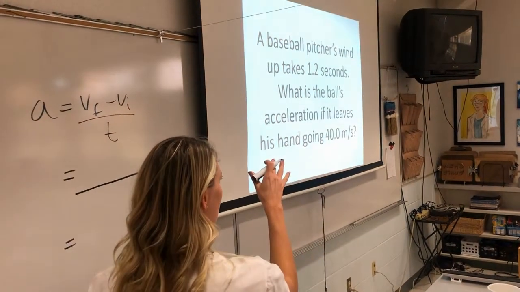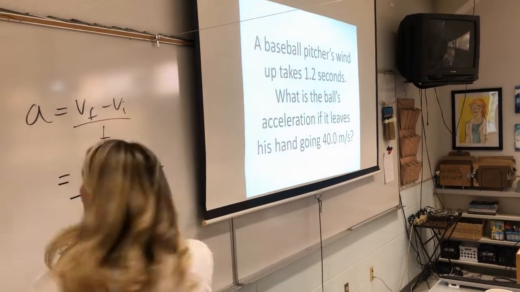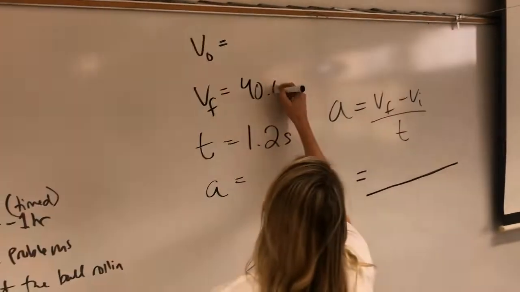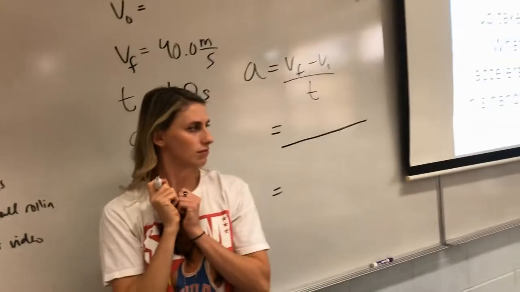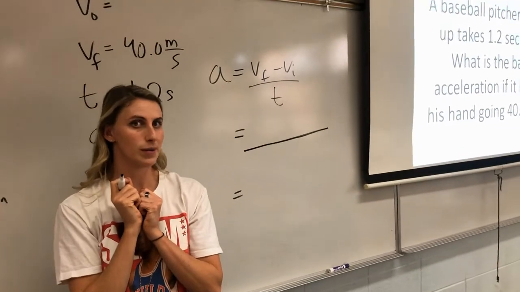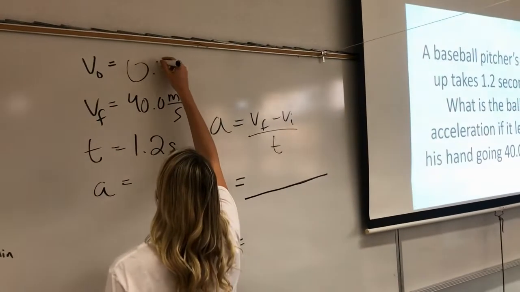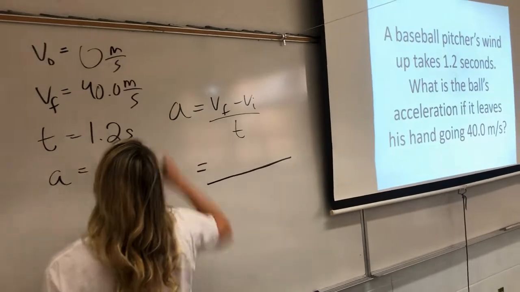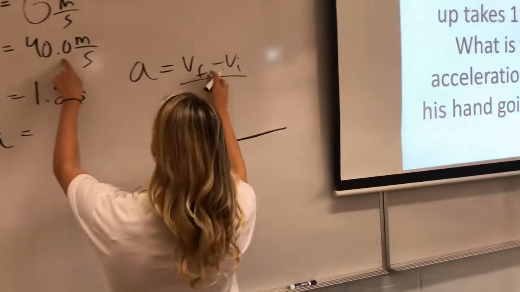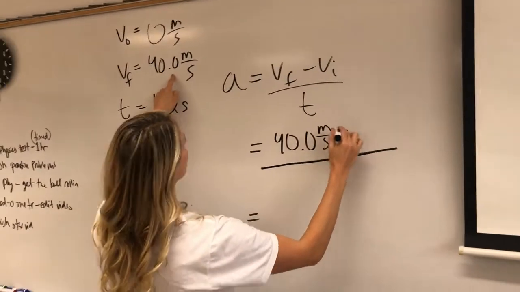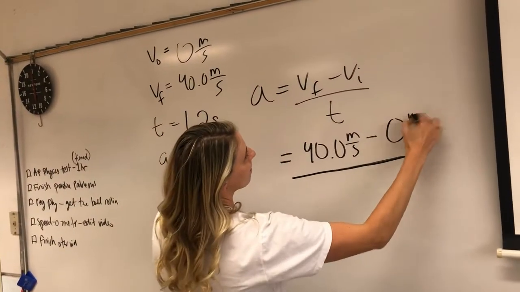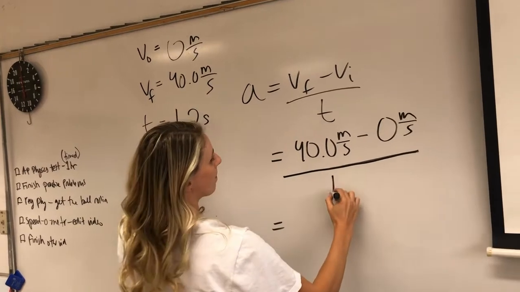So it leaves his hand, that's at the very end, right? So 40 meters per second. And when you start, it's going 0 meters per second. Okay, so 40 goes here. One of these days, we've got to have a velocity that's not 0 at the start.